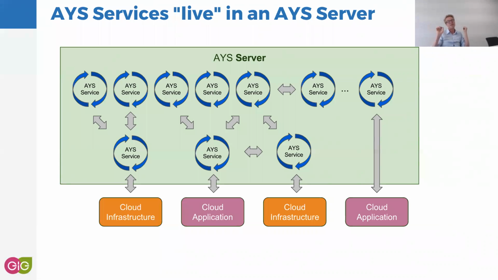Clearly, the second AYS service that is like a watchdog should run on another AYS server. So I could have depicted that too, that you might have another AYS server hosting other AYS services.